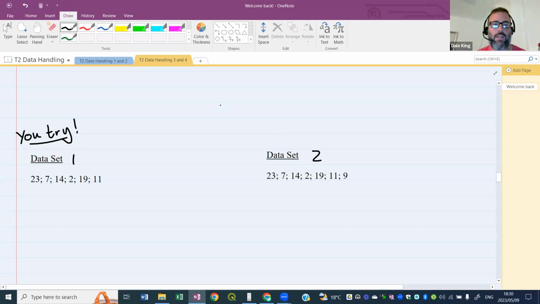All right, so we need the median for these two data sets. Don't worry about what's coming up on screen.